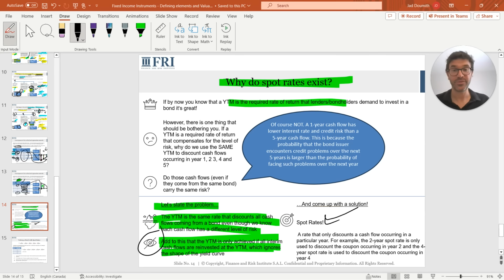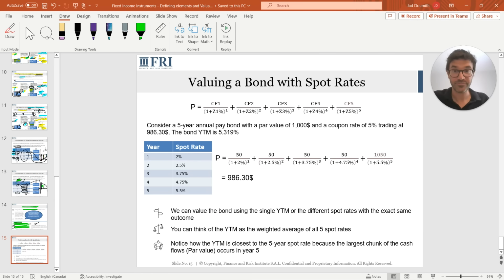For example, instead of having one yield to maturity, you will have a 1-year spot rate, a 2-year spot rate, a 3-year spot rate, a 4-year spot rate, and a 5-year spot rate. Each spot rate will only discount the cash flow that occurs in the period for which this spot rate is relevant. So the 2-year coupon must only be discounted at the 2-year spot rate.